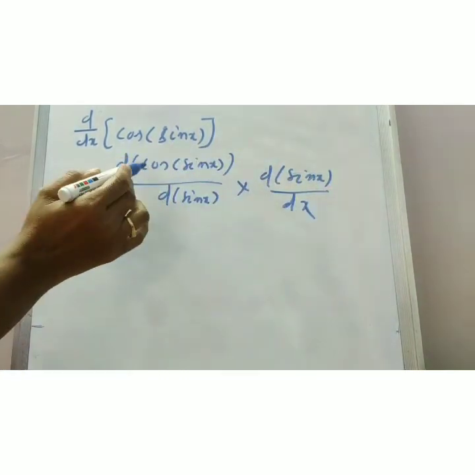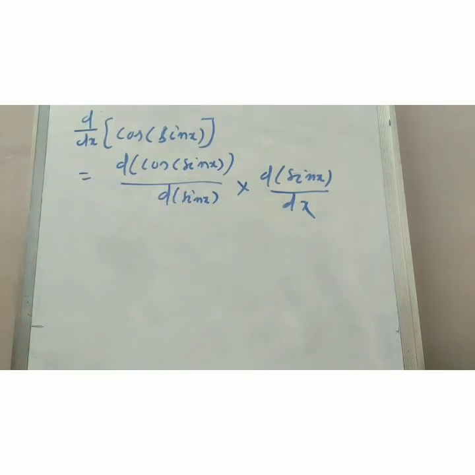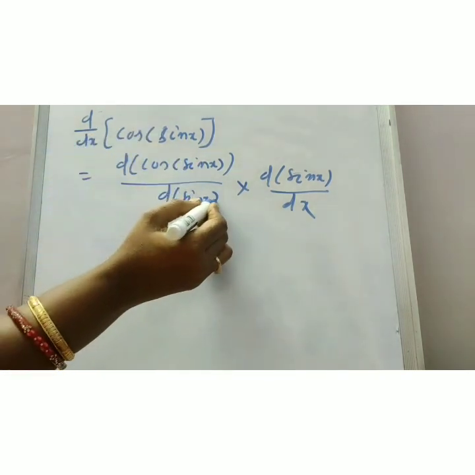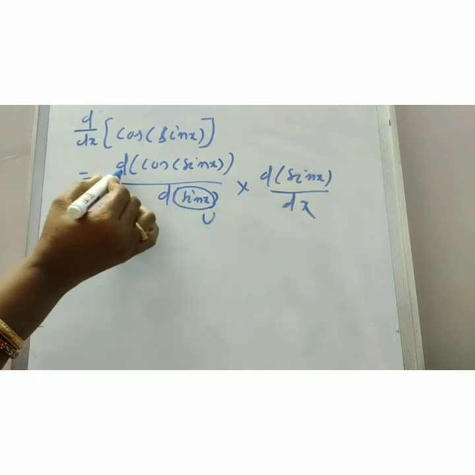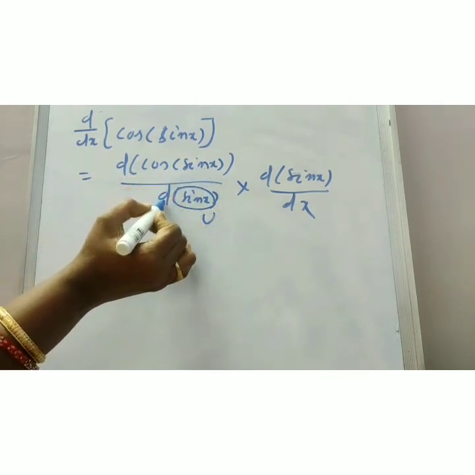So the derivative of cos sin x with respect to sin x. What is the value of this? Suppose sin x is u, then the derivative of cos u with respect to u.